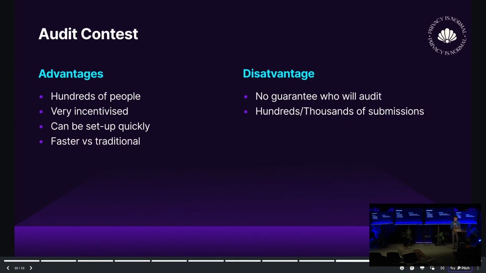Did he find them after 5 days of intense work, or did he find them in 2 hours and decide to switch to something else? You don't know that, and that's a big problem because you have no guarantees of the quality of what you receive. But the big advantage is those people that participate are super incentivized to actually find bugs.